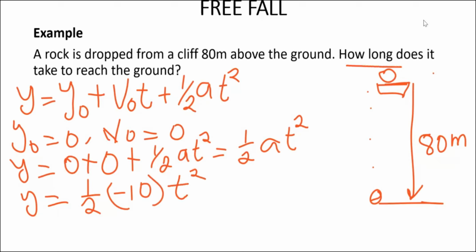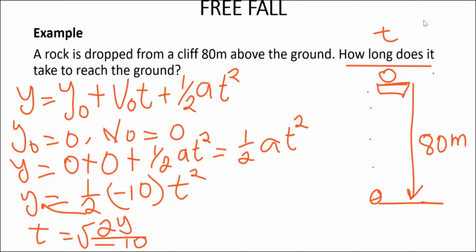When you hear how long, we know that is time, right? So in this calculation, we're looking for the time. So for us to get t, the 2 goes up here, so t squared will be equal to 2y over negative 10.